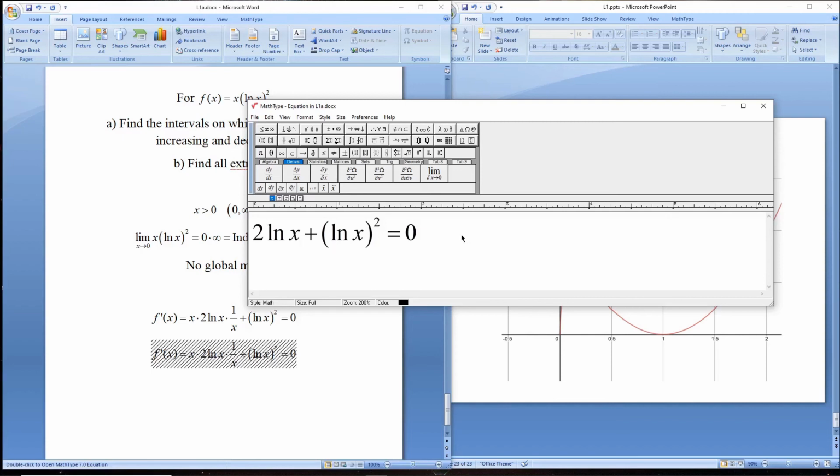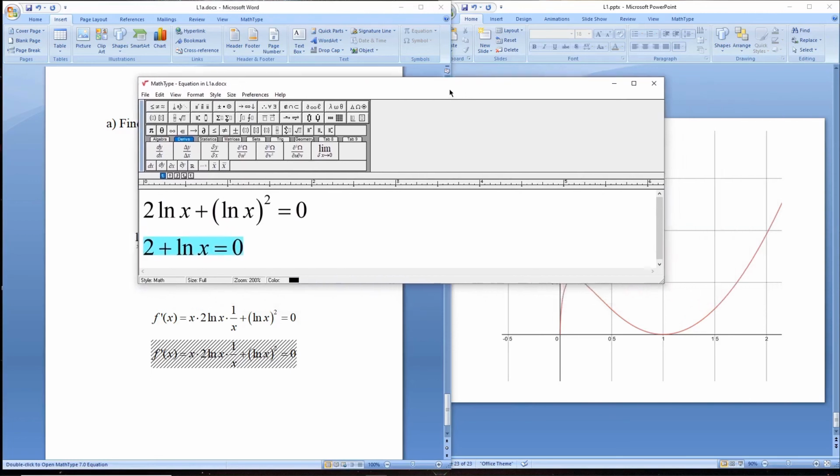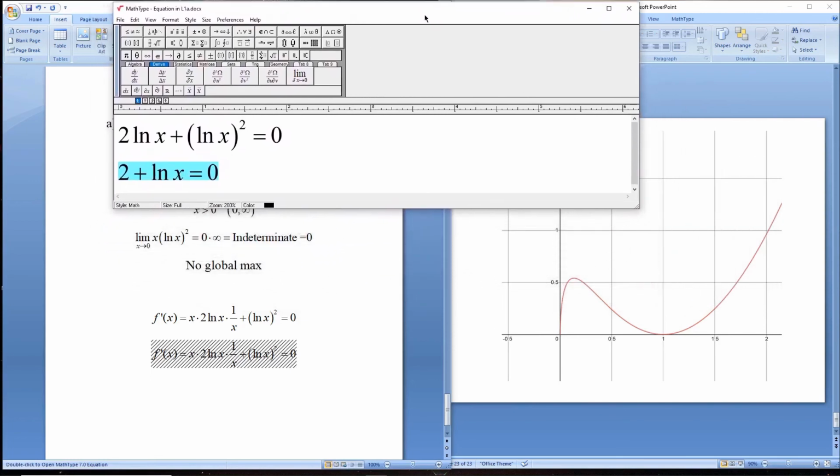So previously, if we do divide by log x, we get this. And this here will only give us one answer. And since we're already showing the graph here, you can clearly see the graph has 2 turning points. But if you divide by log x here, you will only find one of them.